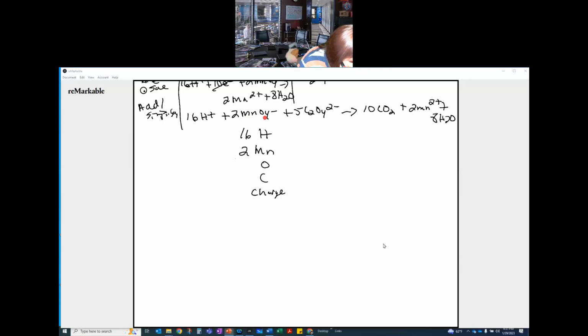I have 8 oxygens there and 20 in the carbon species. So that's total 28. I have 10 carbons, and my net charge 16 minus 2 from that 2 minus 10, and that's equal to 6. No, actually it's not. I can't do that.